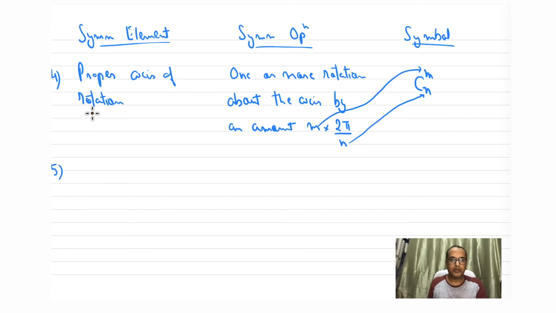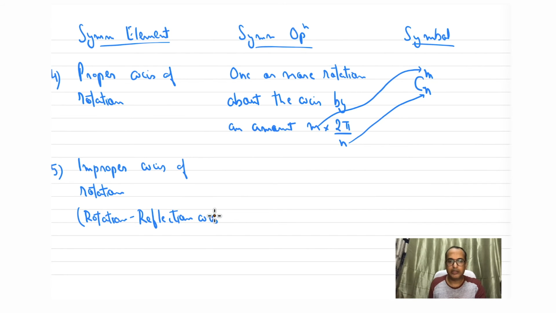If there is a proper axis of rotation, then there also has to be an improper axis. Improper axis of rotation is also called the rotation reflection axis.